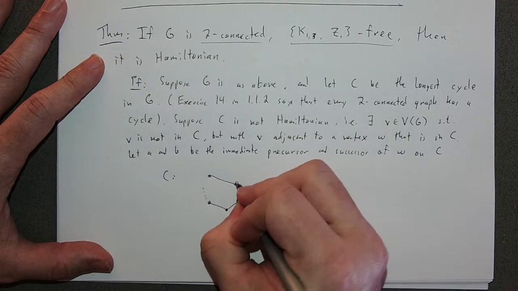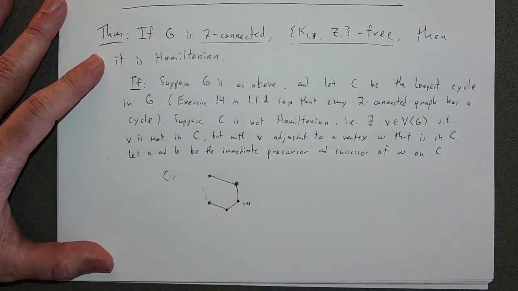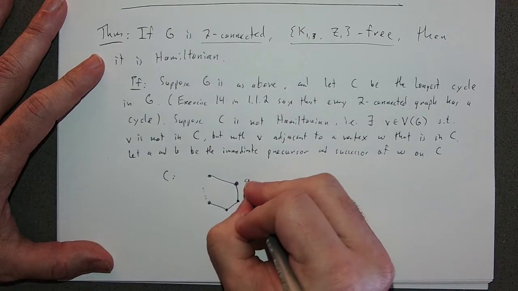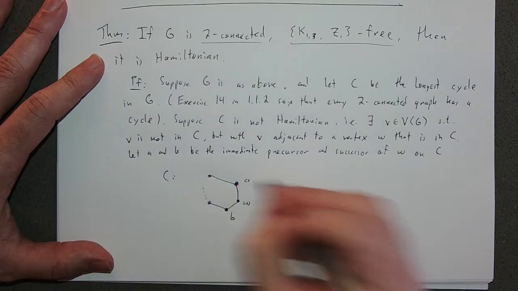It's going to close up eventually, but whatever this looks like, here is our W. We'll let A be the precursor and B the successor of W here.